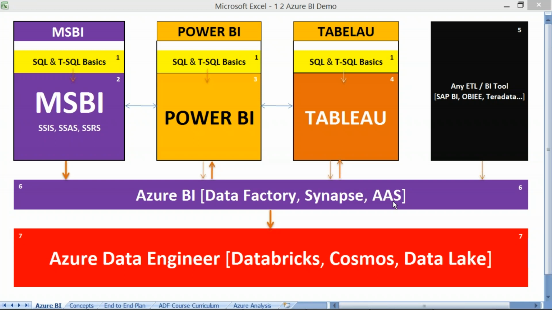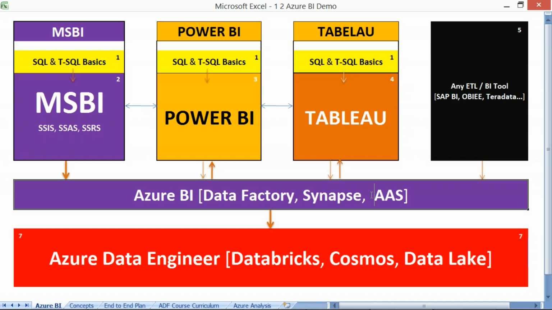We say tabular mode OLAP database design. Integration with your existing BI components. So our Azure BI includes Data Factory, Synapse, and Azure Analysis Services.